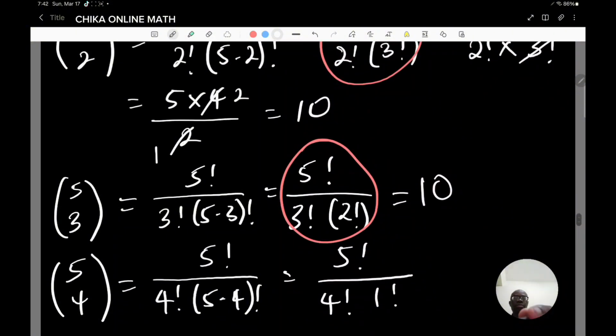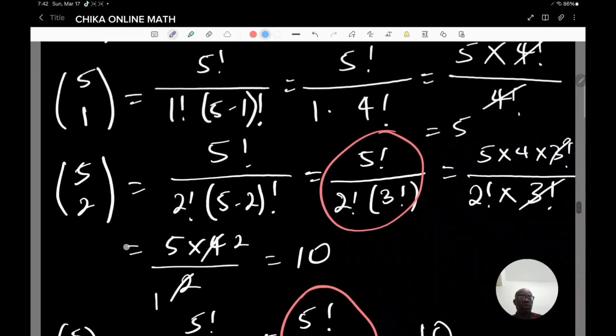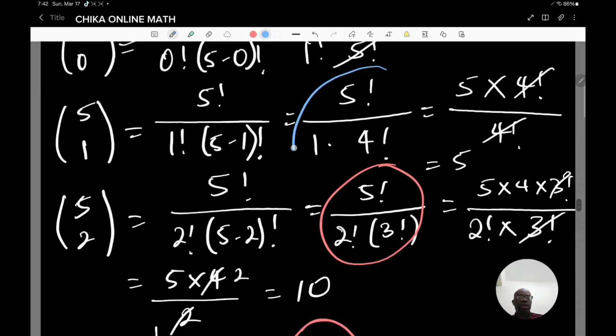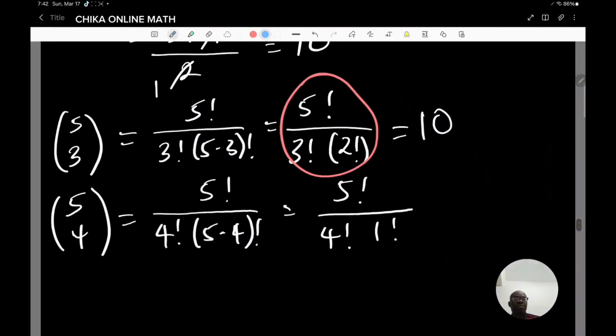Now notice something. When we did 5 combination 1, we got 5 factorial all over 1 times 4 factorial. And in this same thing, we are getting 5 factorial all over 1 times 4 factorial.